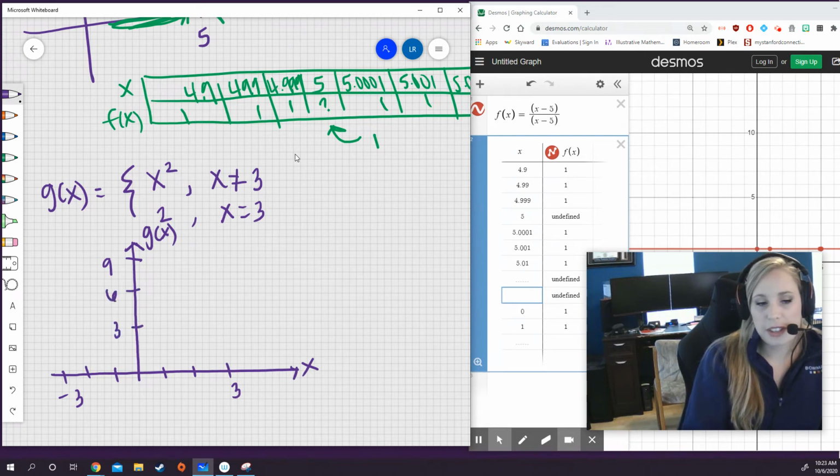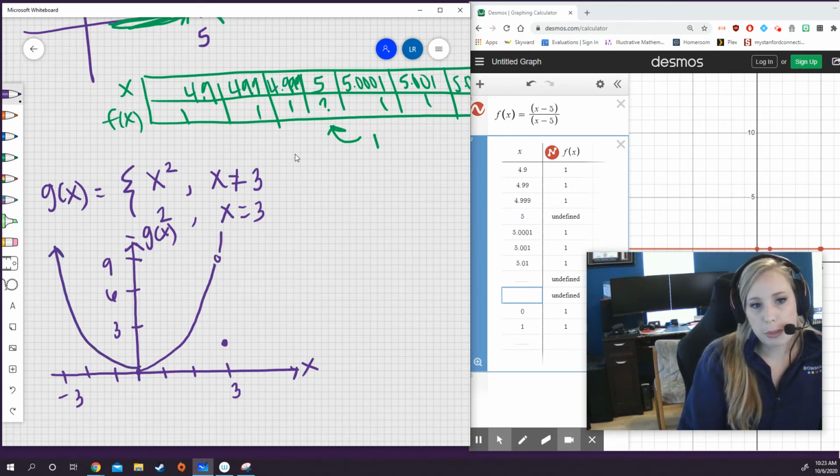And let's pretend like that's somewhat accurate. So at 3, we know we're going to have a hole, and the value is 2. So now I'll draw my parabola. So there's my parabola.